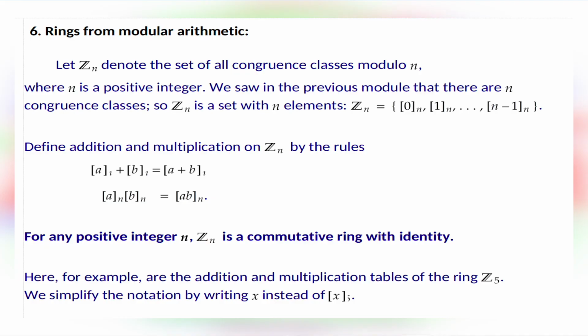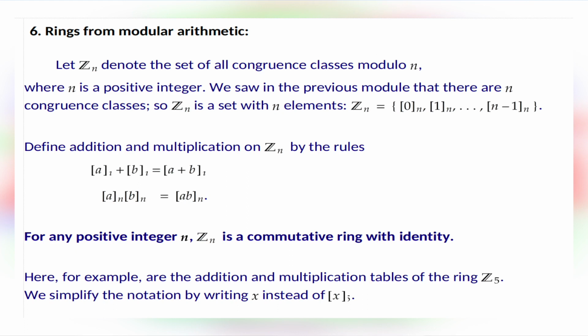Next is the rings from modular arithmetic. Let Zn denote the set of all congruence classes modulo n, where n is a positive integer. We saw in the previous module that there are n congruence classes, so Zn is a set with n elements.